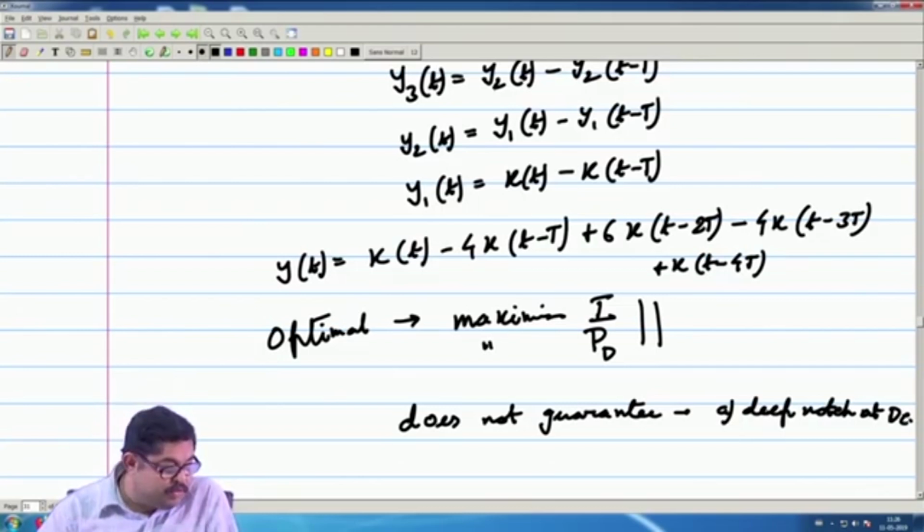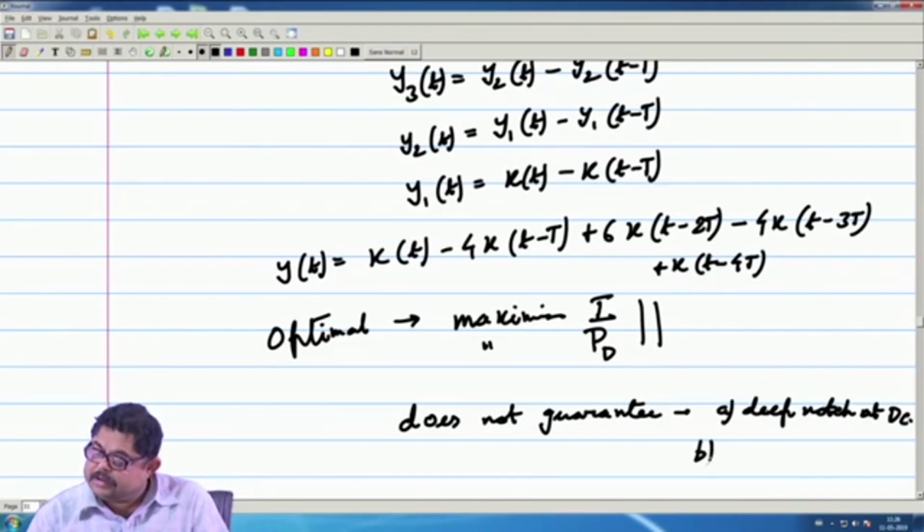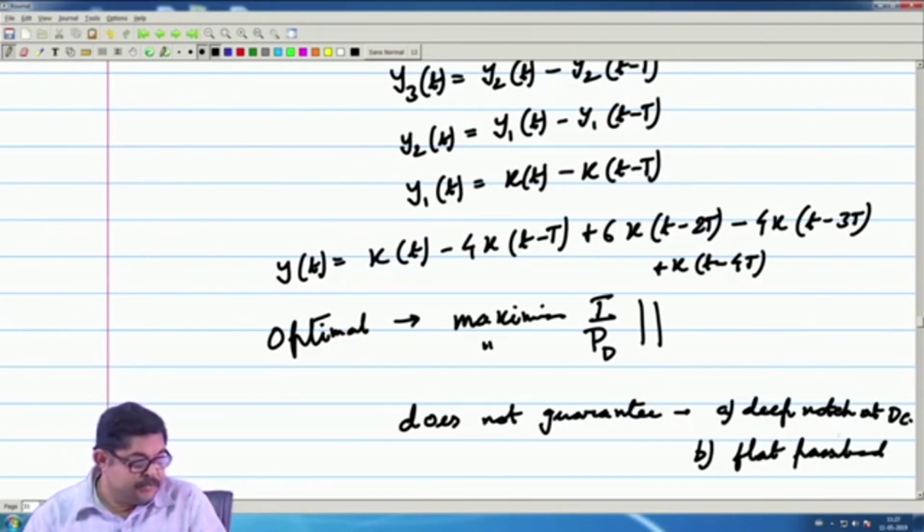For that, you will have to find various things. And B, also the flat passband response in MTI.